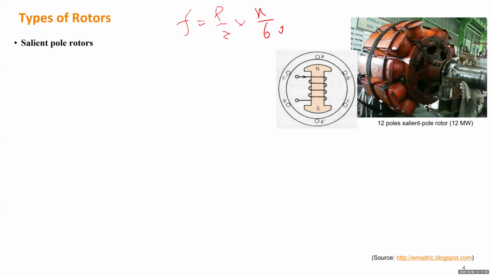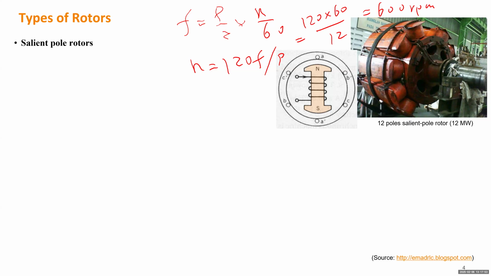So N will be equal to 120 F divided by P. So it's 120 times 60 divided by 12. This will be 600 revolutions per minute. So you have to revolve at this speed in order to generate 60 hertz electricity.